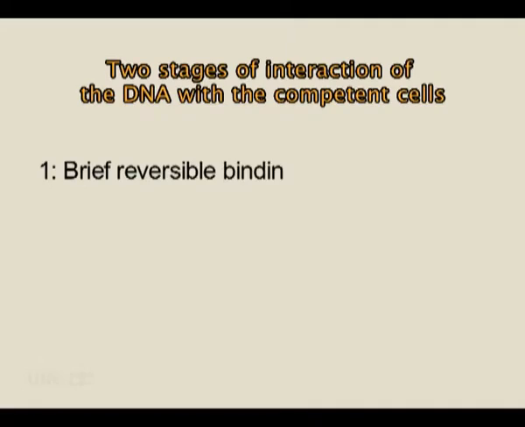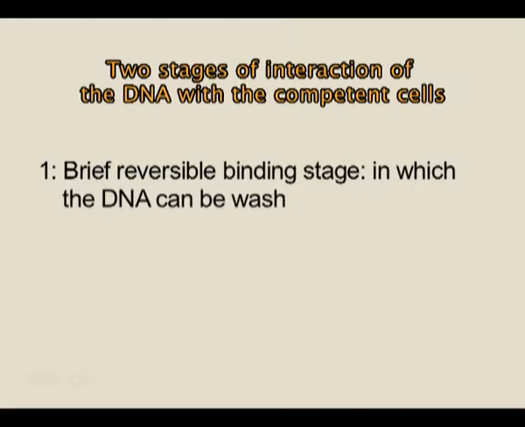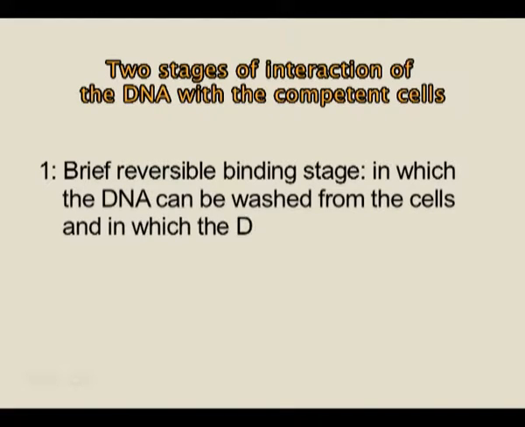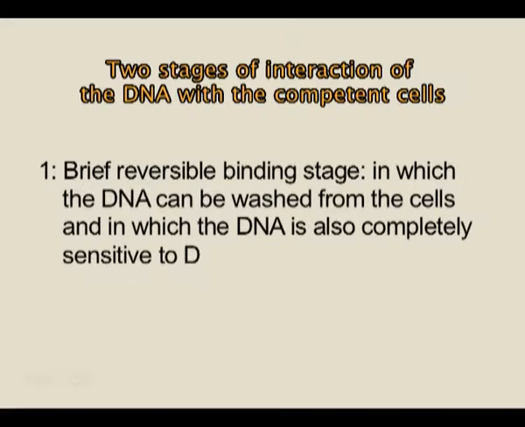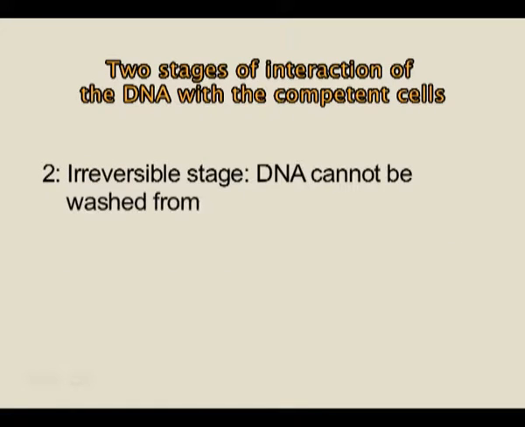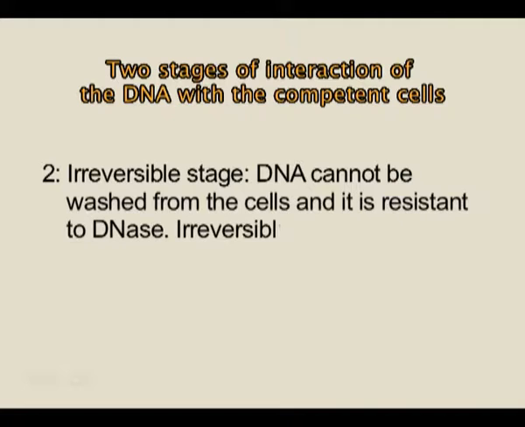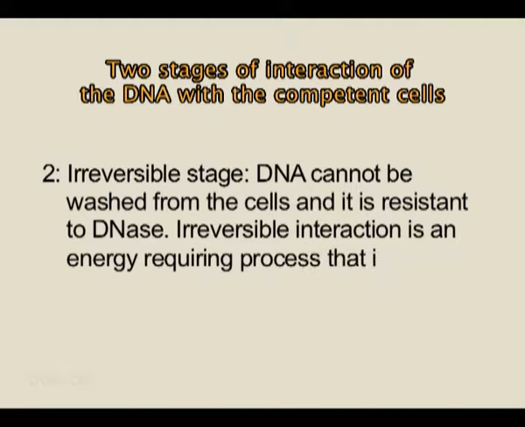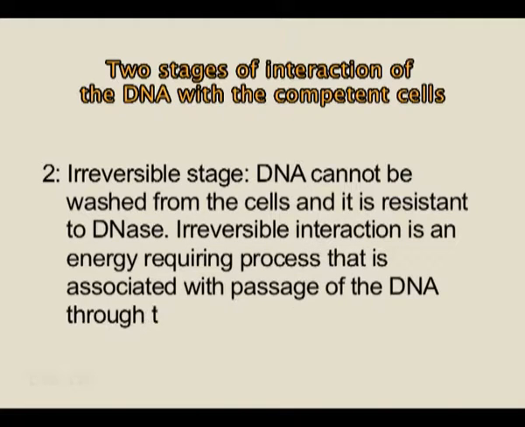The initial stage of interaction is reversible, and during this interaction, the DNA is sensitive towards cleavage by the DNase enzyme. The second stage of interaction is when the exogenous or foreign DNA gets entry inside the bacterial cell, and this stage is insensitive towards the enzyme called DNase.